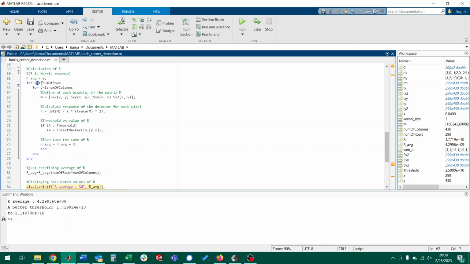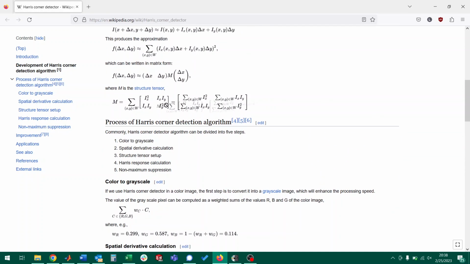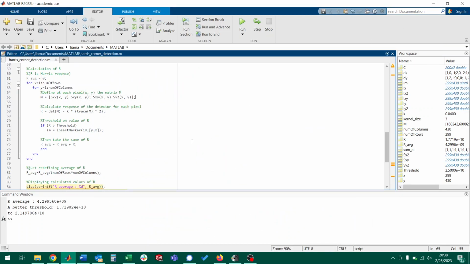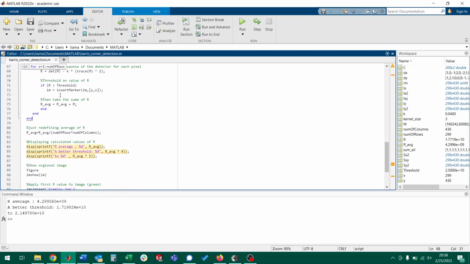And then for each x from 1 to the number of rows and number of columns of each pixel, we find M, which is this calculation right here, the structure tensor, which is the sum of these values of the matrices. And then to calculate the response of the detector, it's just the determinant of M minus k times the trace of M squared. And then we just have a threshold of R.